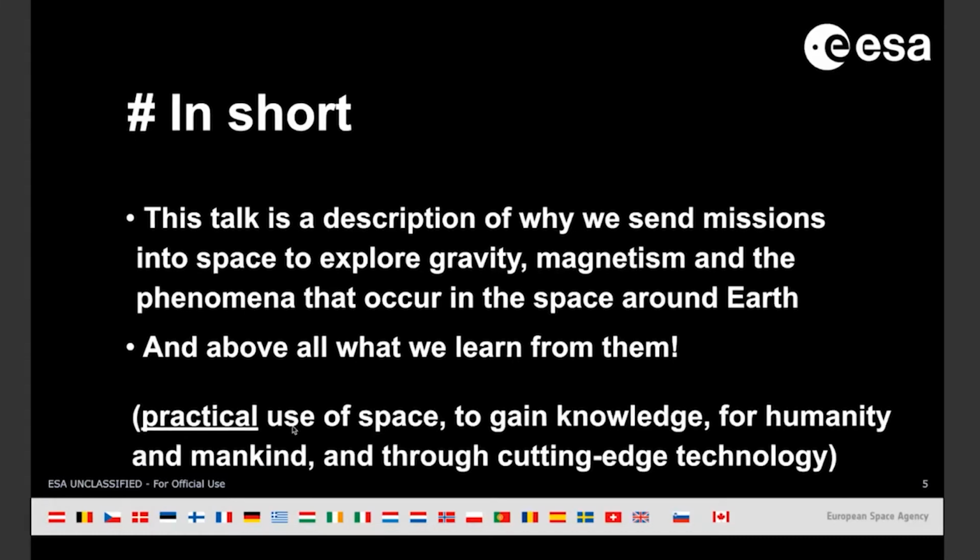So what you will see here is a practical use of space as an activity that we undertake to gain knowledge for humanity and mankind, for the benefit of everyone, and how we do that through the development of cutting-edge technologies, in particular in the instruments, but certainly also in the satellites that we, as the European Space Agency, launch.